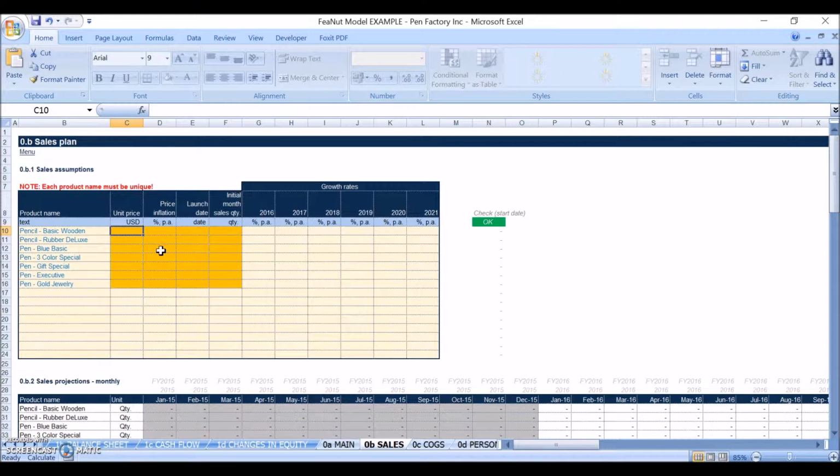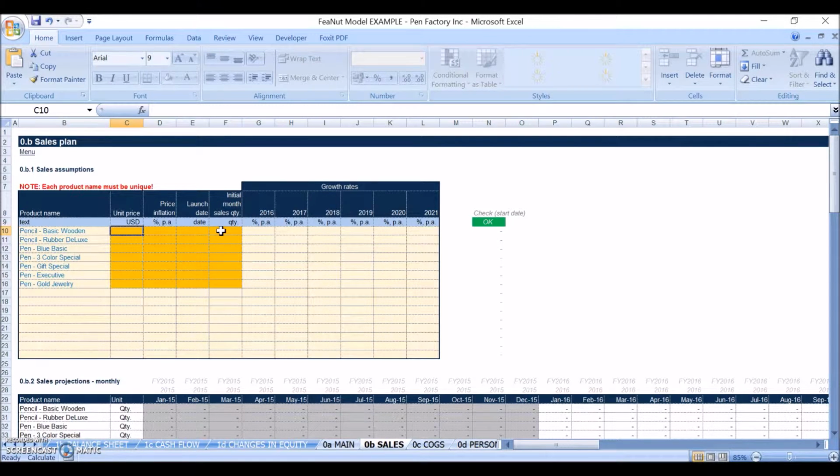Or if you expect that the prices of your products will increase with inflation, then you can just provide here an annual rate of inflation for your country or for your market. Another type of data that you will provide in here is the launch date. That is the date at which you will start offering that product or service. An initial monthly sales quantity.